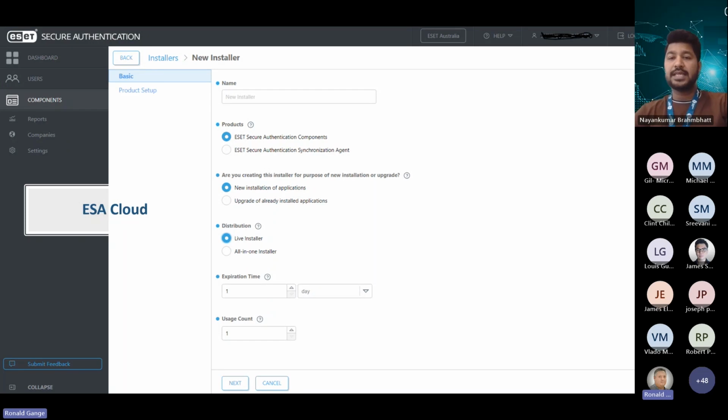Good news for the existing ESET Secure Authentication or multi-factor authentication clients. There is a cloud version coming out soon, in Q4 of this year. Users will be able to create live installers for RDP, for Windows login, and for web applications such as Exchange Online and SharePoint.